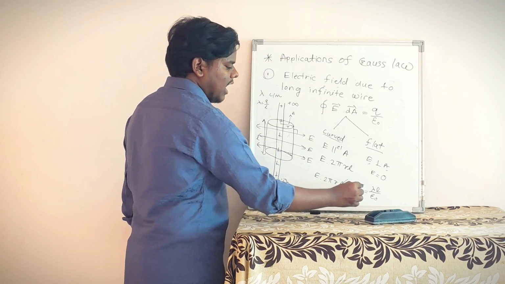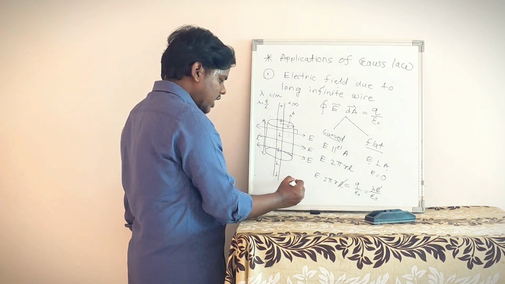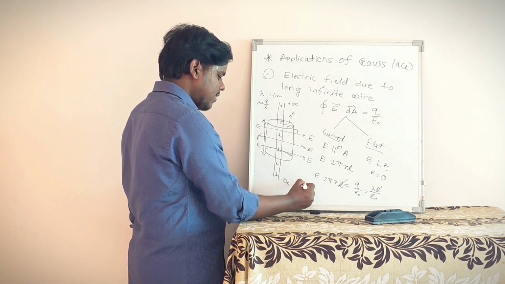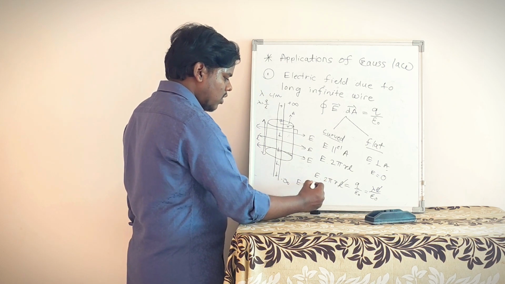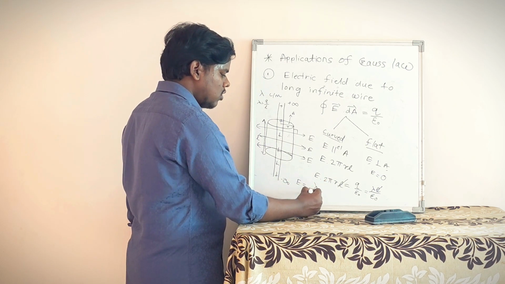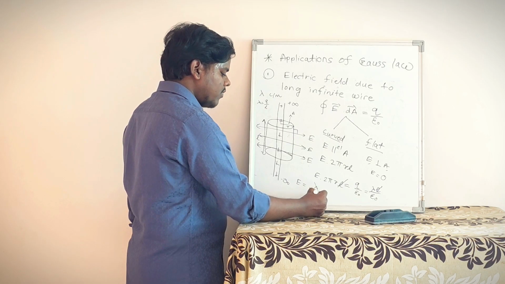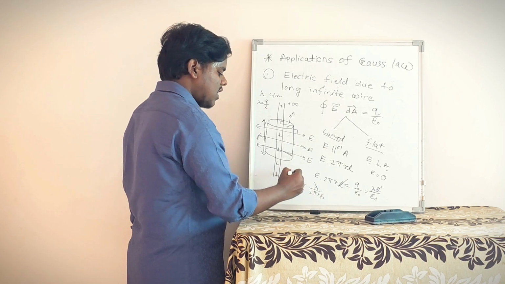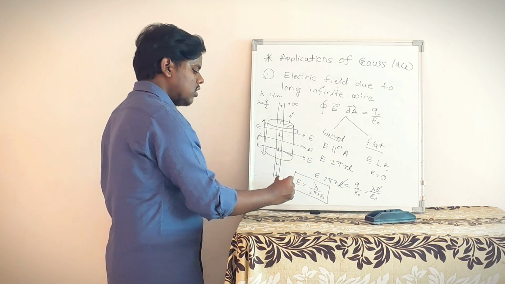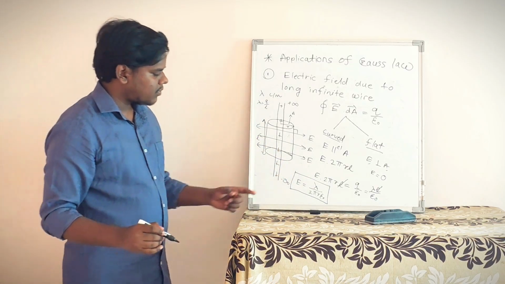Here L will get cancelled. So the electric field will be equal to lambda upon 2 pi r epsilon naught. This is the electric field.